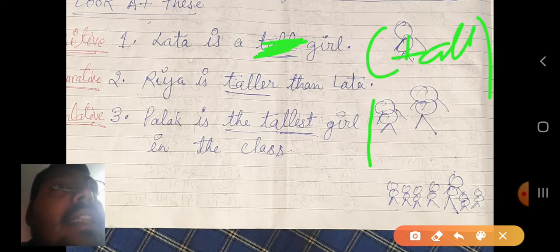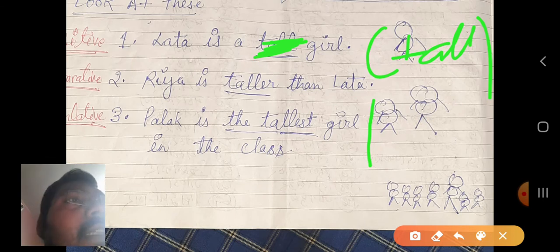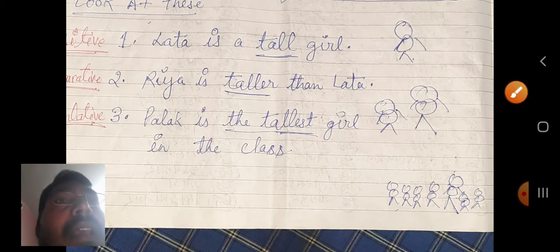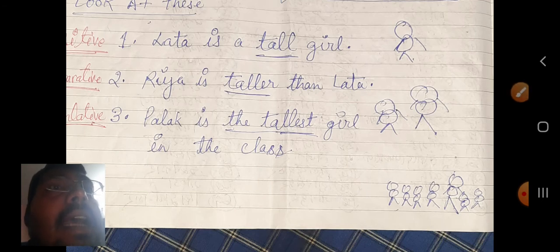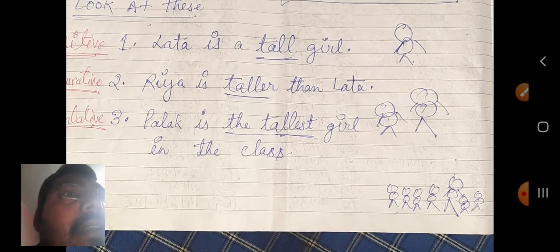You see that only Lata is there, so Lata is only one, and we use the positive degree, so you use tall. Suppose it is "Riya is ___ than Lata" with tall in brackets. Then we use the comparative degree, taller.